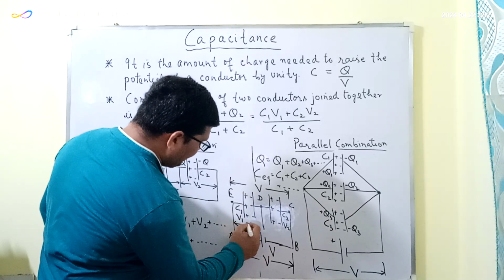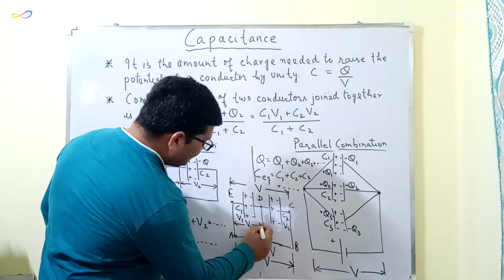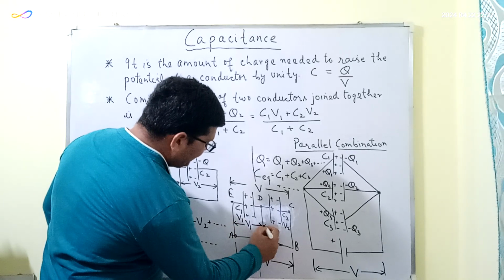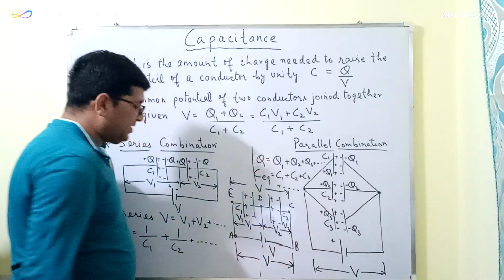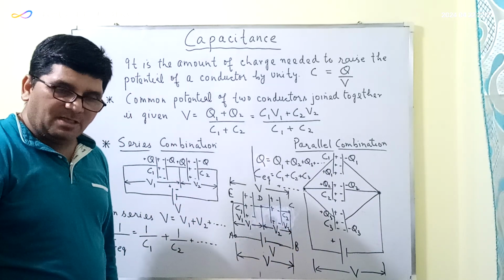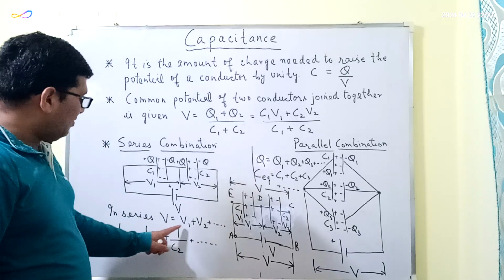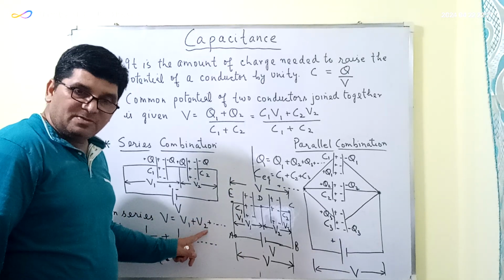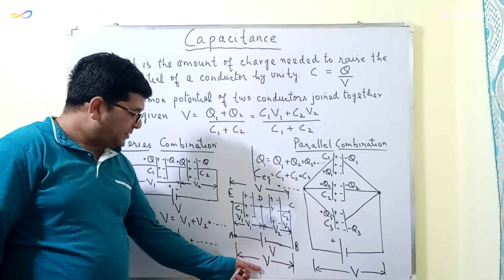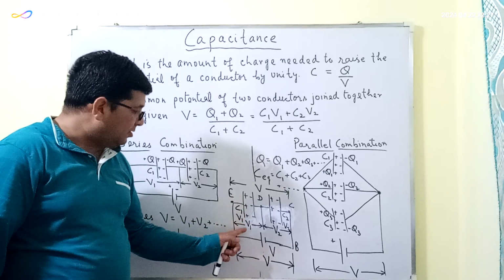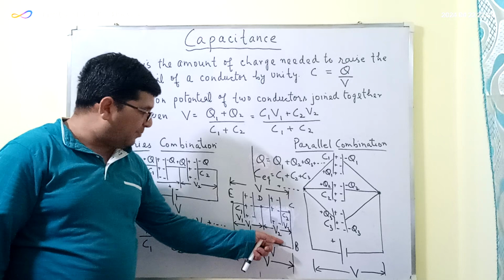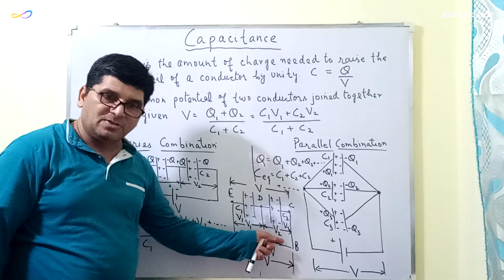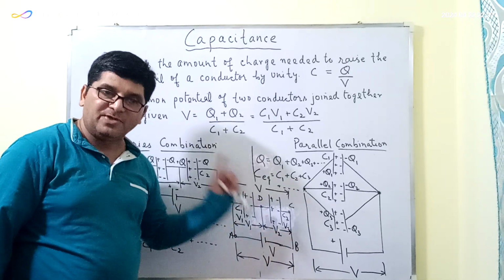This is the potential difference V1 across this capacitor C1, and this is the potential difference V2 across this capacitor C2. So V will be equal to V1 plus V2. This potential difference V will be equal to the potential difference across capacitor C1 and the potential difference across capacitor C2. So V is equal to V1 plus V2.